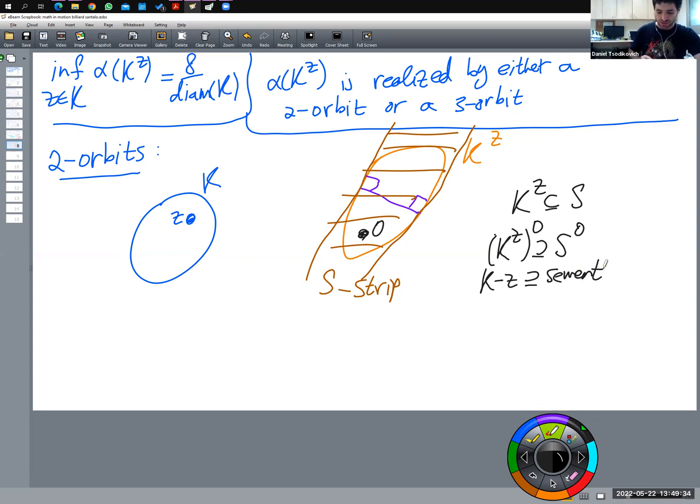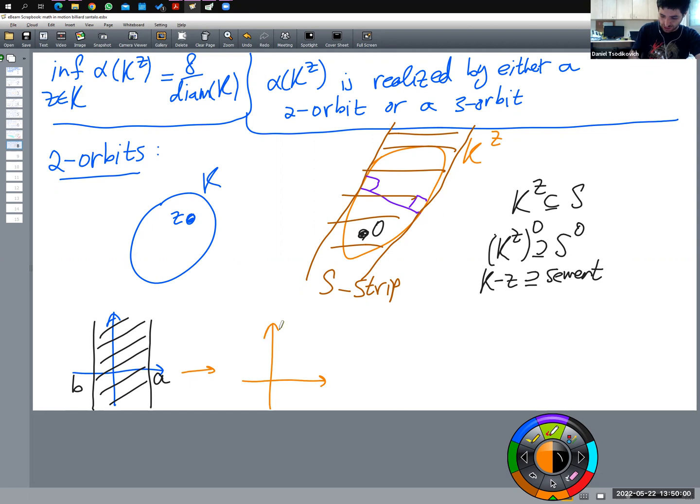And it's not too difficult to see that if we have some strip here, where this is A and this is B, then when we pass to the dual, we'll have endpoints 1 over A and 1 over B. So the length of this segment is 1 over A minus 1 over B.